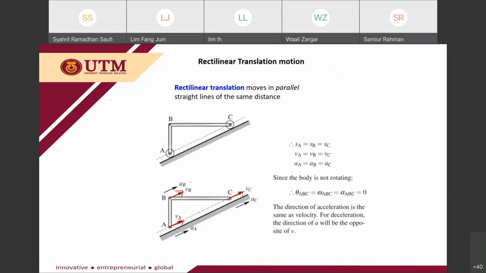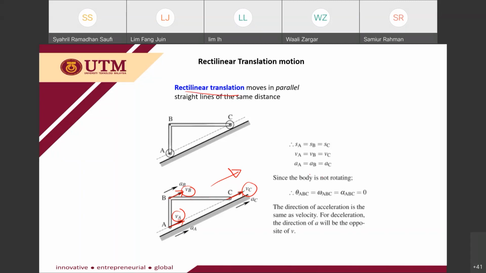If this whole rigid body moves in this direction, the velocity at B, velocity at A, and velocity at C will be the same, and all the velocities are parallel in a straight line. So we can say that this kind of system is a rectilinear translation.